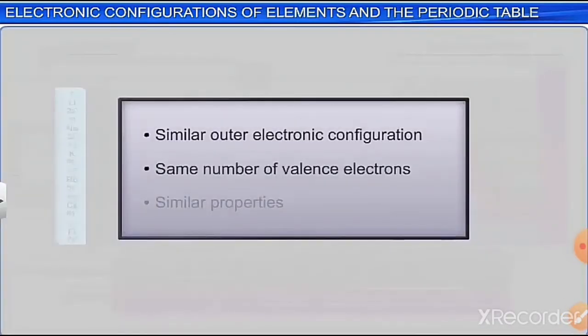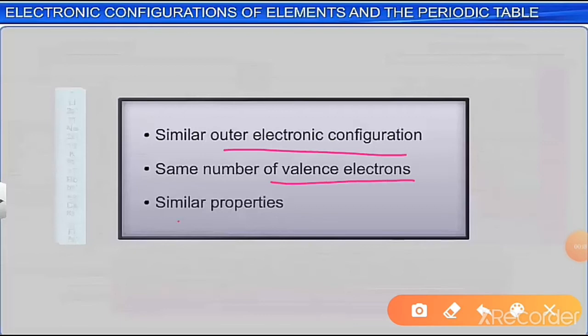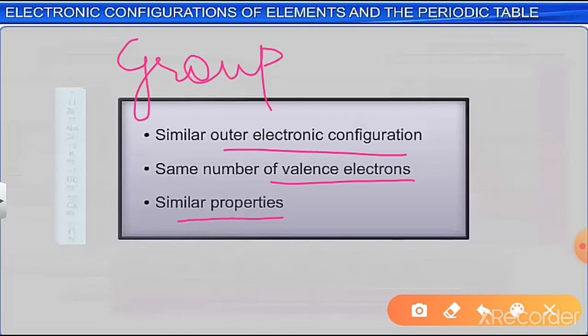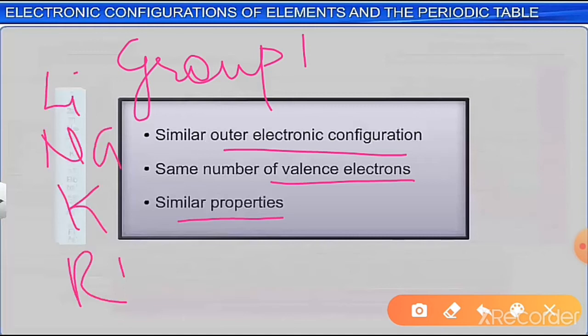In a group, that is a vertical column, the elements have similar outer electron configuration and the same number of valence electrons, and hence they share similar properties. For example, for group 1, the members are lithium, sodium, potassium, rubidium.